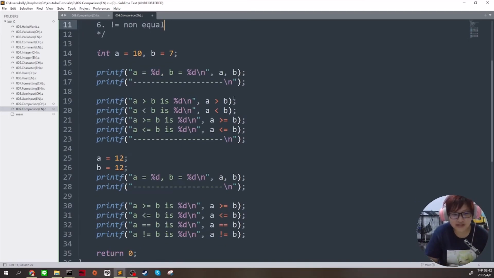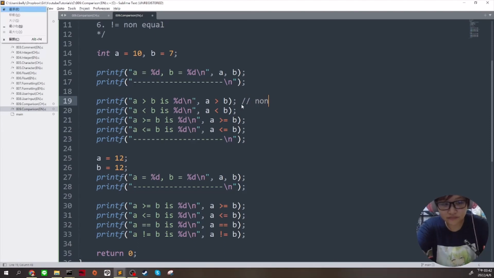Okay, here is my example. I initialized two variables, A equal to 10 and B equal to 7. We can print it and separate the results. A greater than B, we expect non-zero, because it is true.